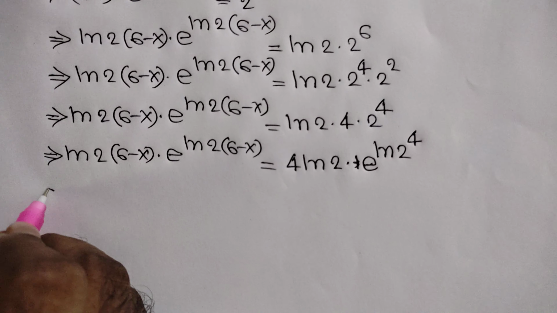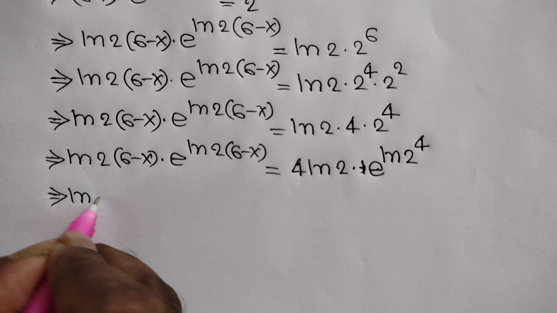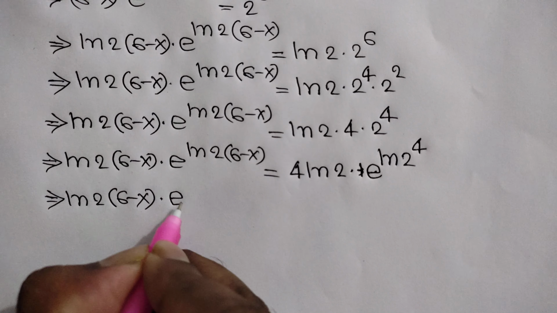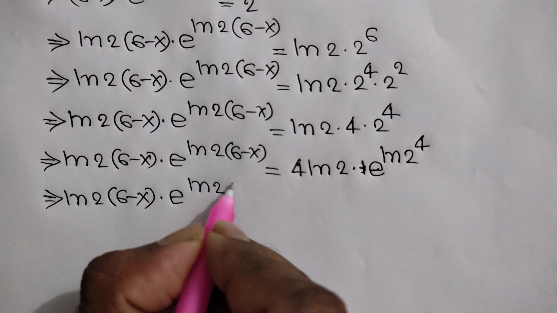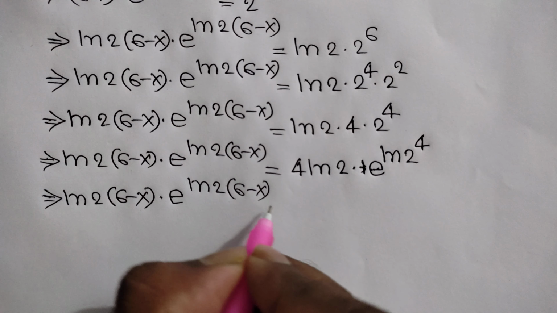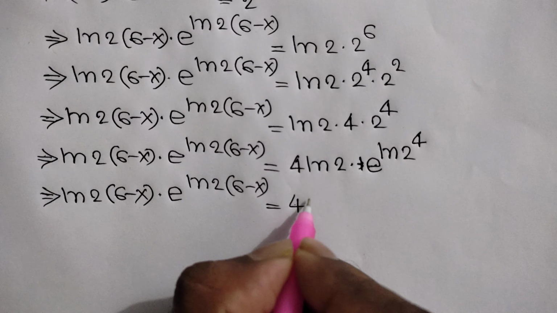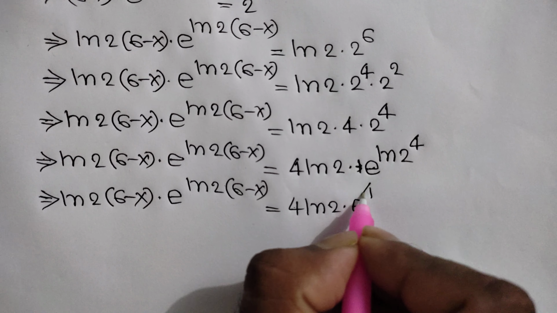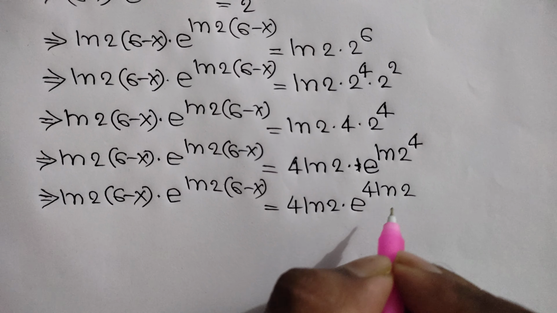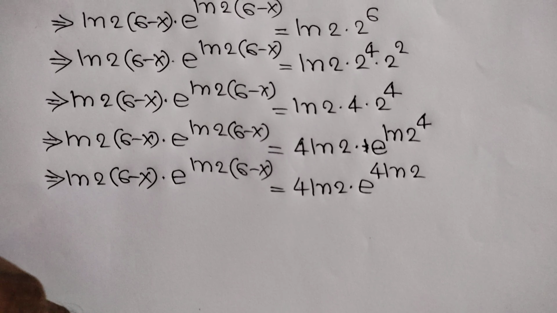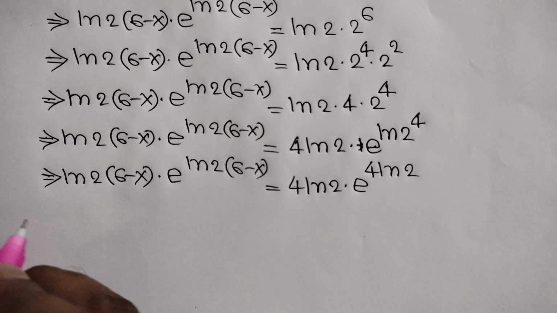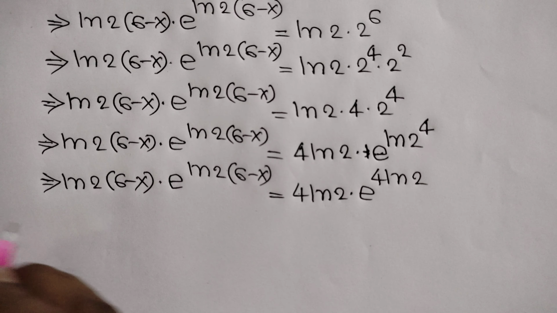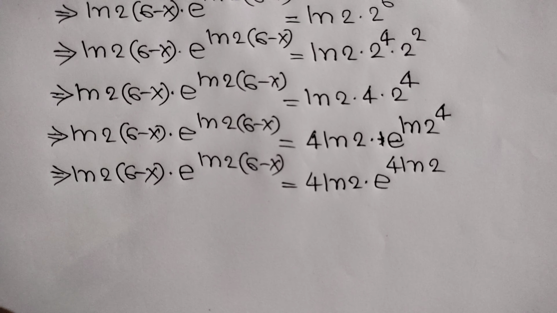So ln of 2 times 6 minus x times e to the power ln of 2 times 6 minus x is equal to 4 ln of 2 times e to the power 4 ln of 2. Now we can take the Lambert W function on both sides.